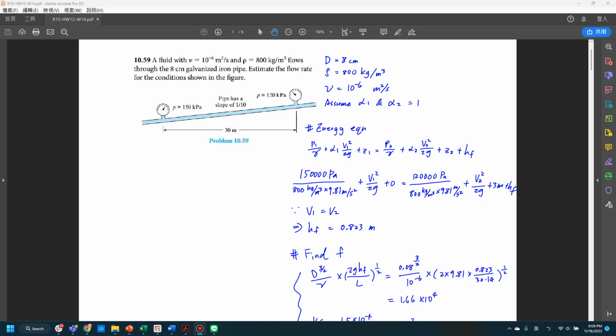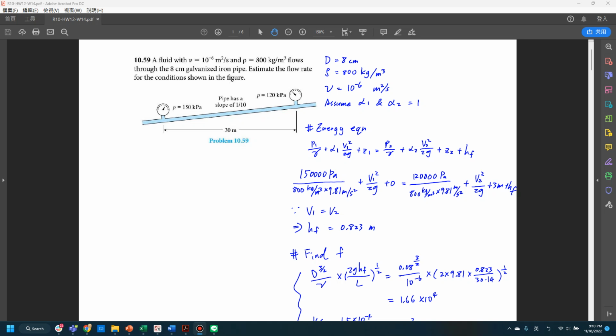To use the correct units in the energy equation, we have to convert kPa into Pa, so here is 150,000 Pa, and this is 120,000 Pa for point 2. And gamma here is equal to rho times g, so rho is 800 and g is 9.81. We can fill that in for both sides of this energy equation.